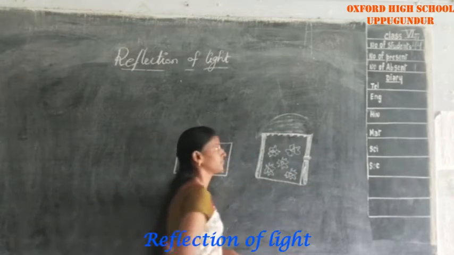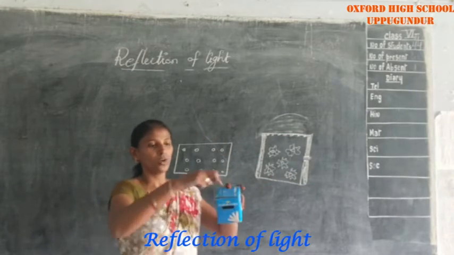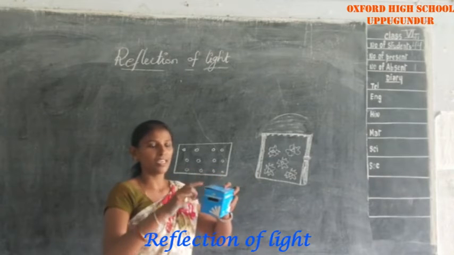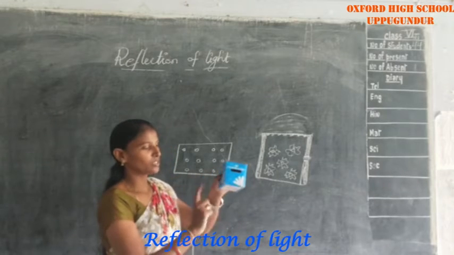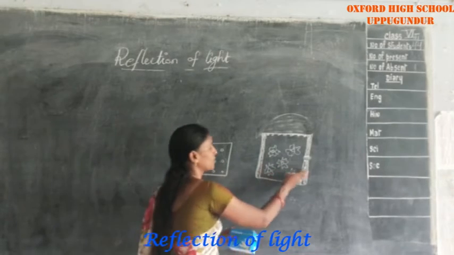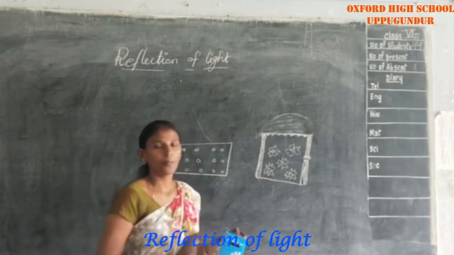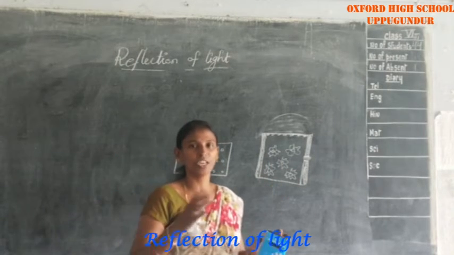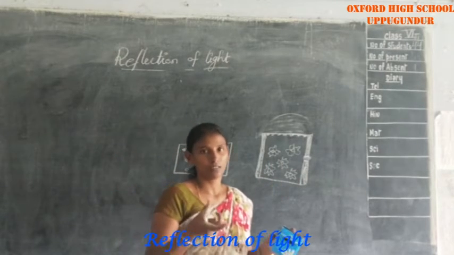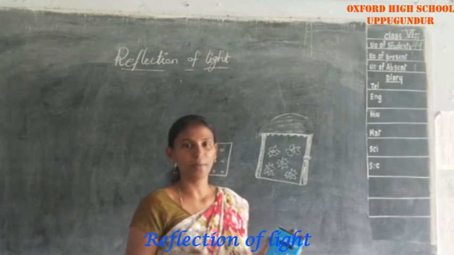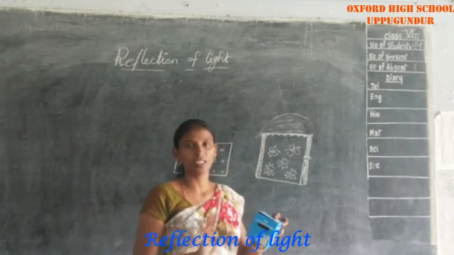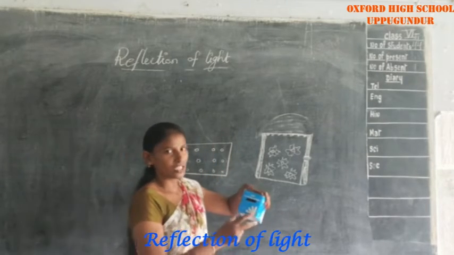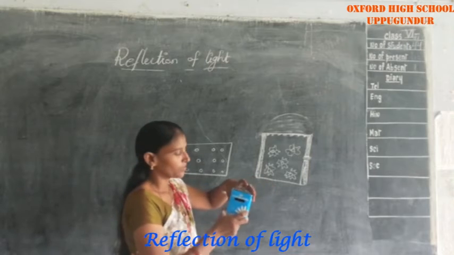Okay, so here the hole is present, and on two sides the mirrors are arranged in the parallel condition, that is the plain mirrors or shining papers or smooth sheets of paper, anything like that, using those objects only.